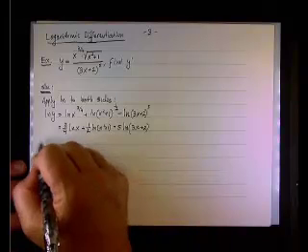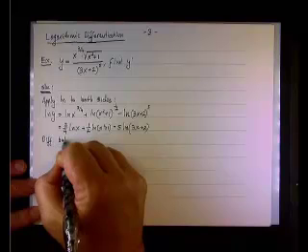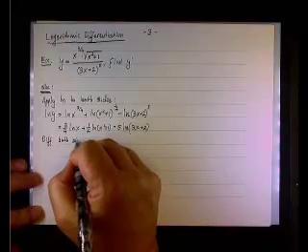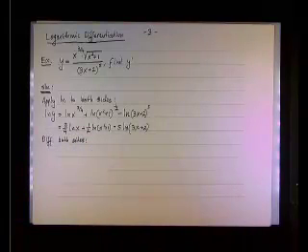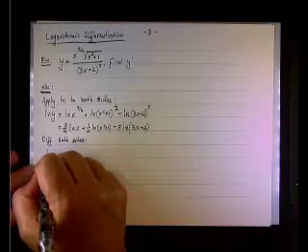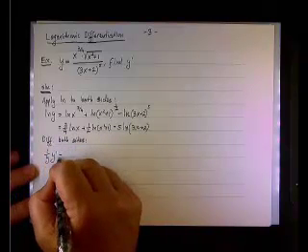So next I'm going to differentiate both sides, and this is of course implicit differentiation, and get the derivative of natural log of y. Well, the derivative of natural log of something is 1 over that something, so it will be 1 over y, and then the derivative of y is simply y prime.